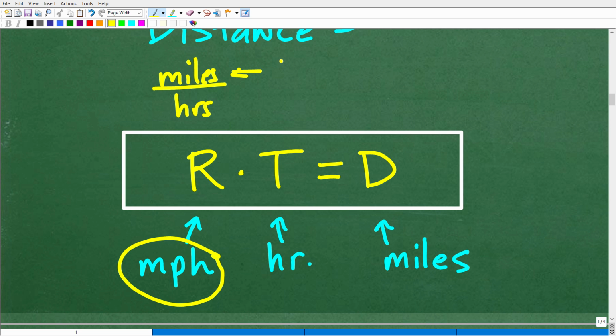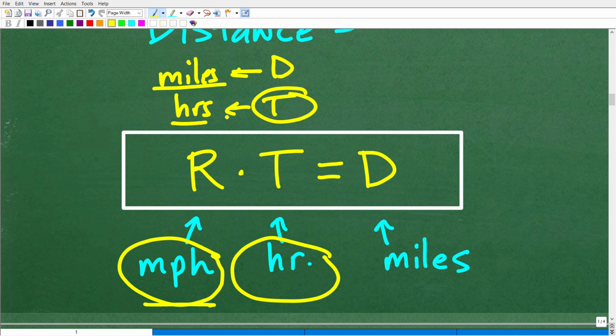So what is the distance? Well, the distance is in miles, and what is the time? It's in hours. So to use this formula, your rate or your speed doesn't have to be in miles per hour, but if it is, then your time has to be in hours, and your distance must be in miles.